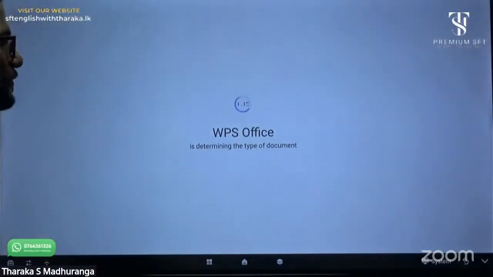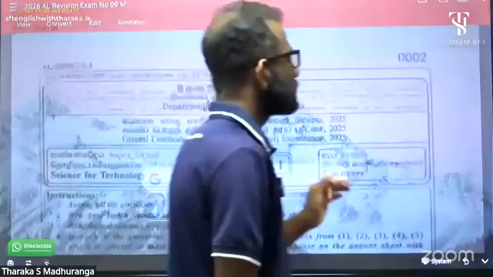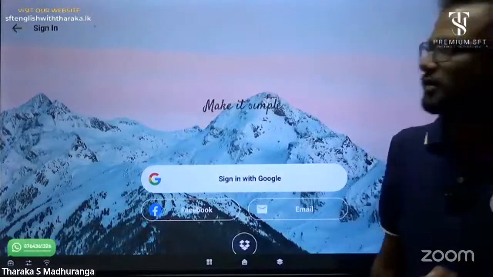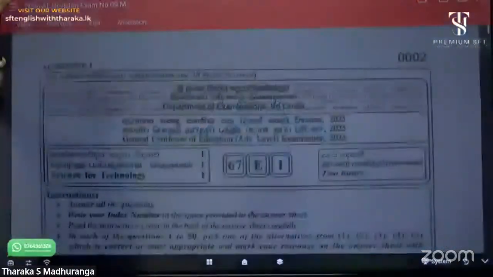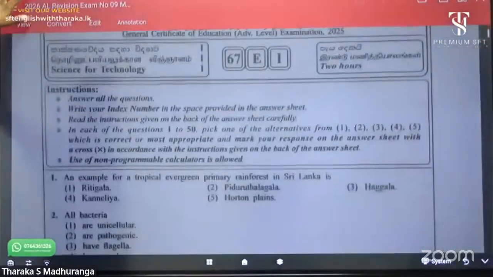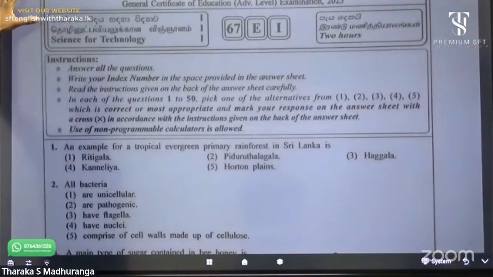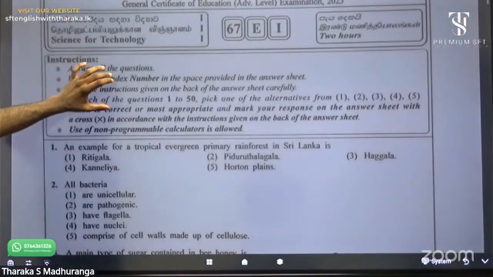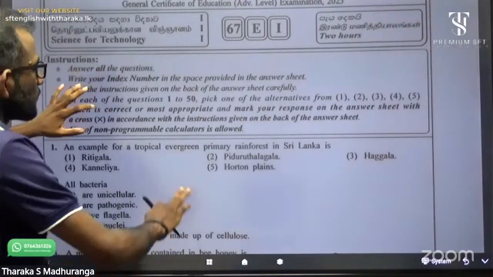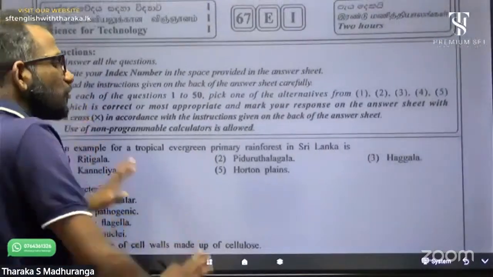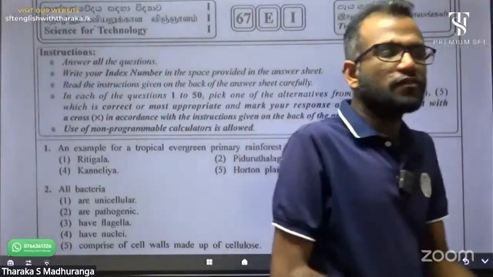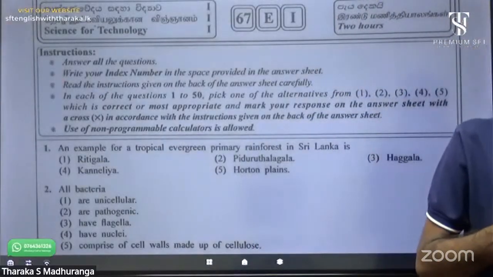Okay. Start the 2025 last year exam paper MCQ part. That's the most important paper actually. An example for a tropical evergreen primary forest in Sri Lanka. What's the meaning of primary forest?